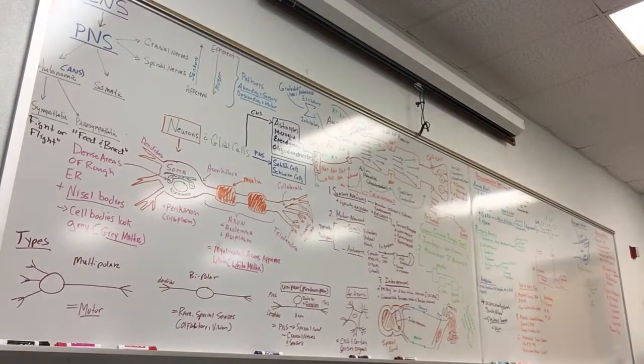So when you look at the brain this week in lab, you're going to see areas that are very dark gray in appearance, and we call that gray matter. When you see gray matter, you're looking at large concentrations of cell bodies. Does that kind of make sense?